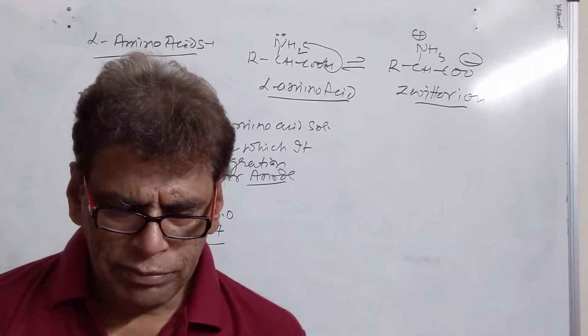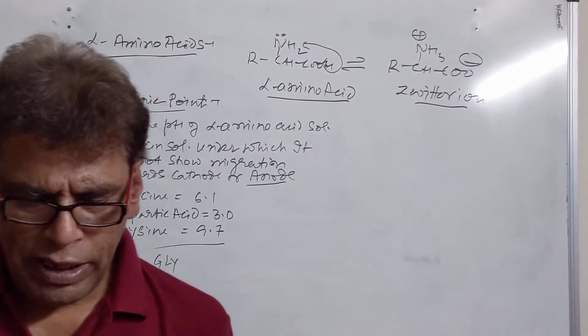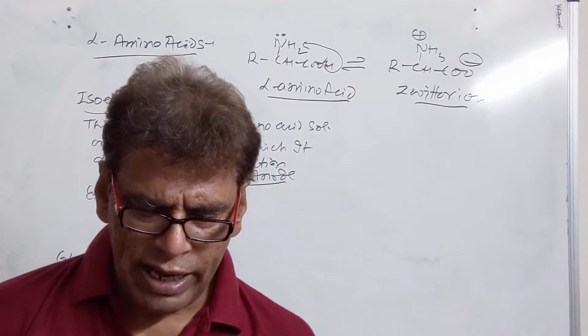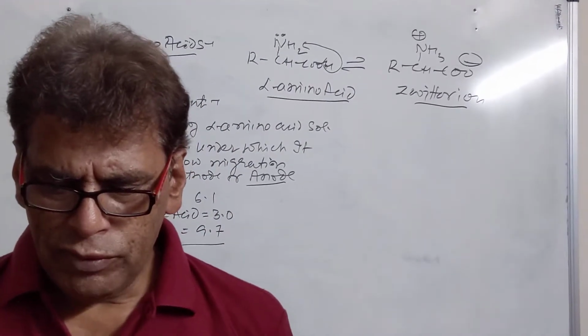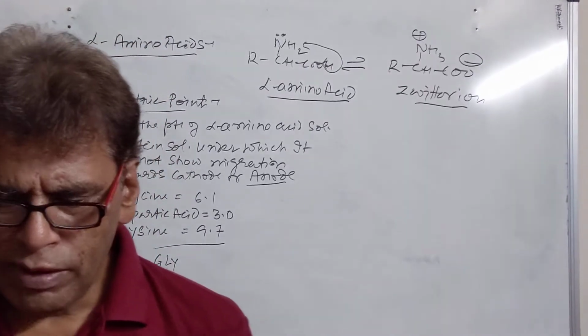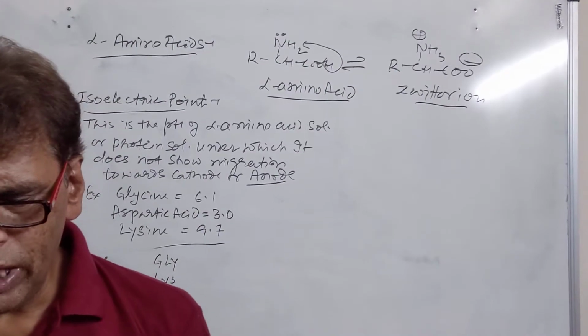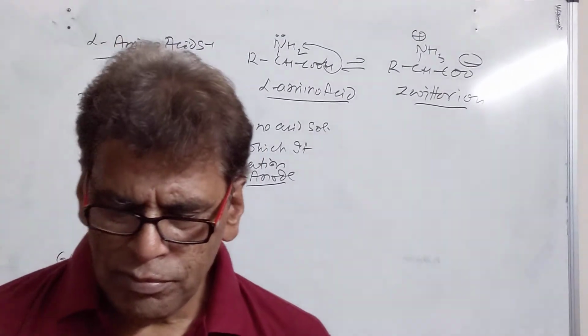And then we have methionine, MET, tryptophan, TRP, serine, SER, then cysteine, CYS, asparagine, ASN. Then we have threonine, THR. Then we have tyrosine, TYR, glutamine, GLN, then cysteine.